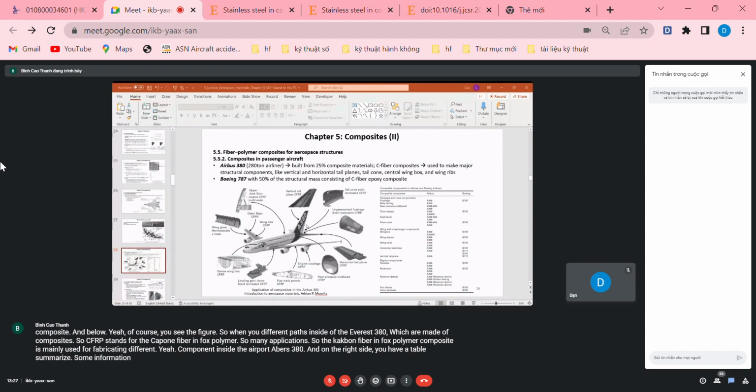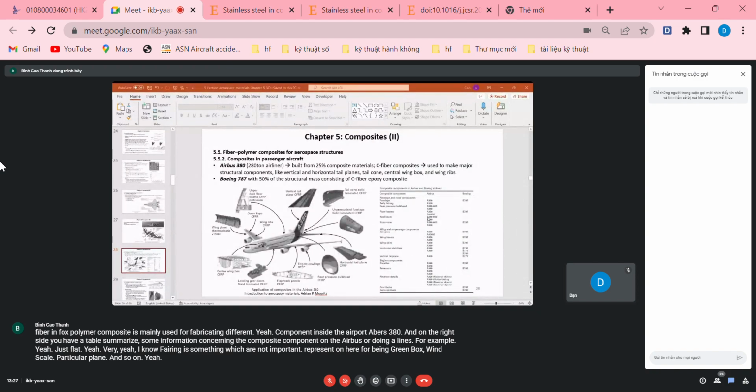On the right side, you have a table summarizing some information concerning the composite components on Airbus or Boeing airliners. For example, fuselage, fairing, which is not so important, pressure bulkhead, floor beam, wing box, wing skin, vertical tail plane, and so on.